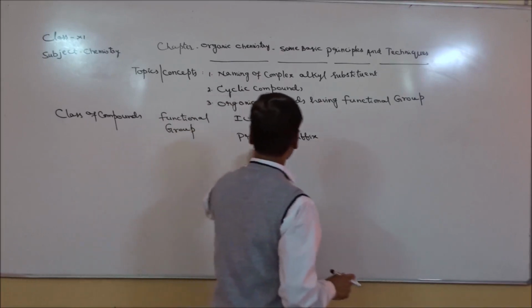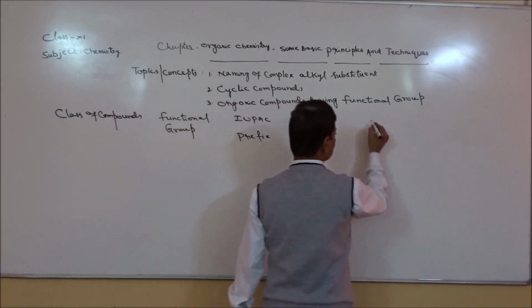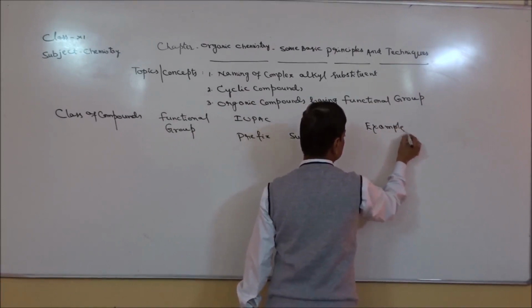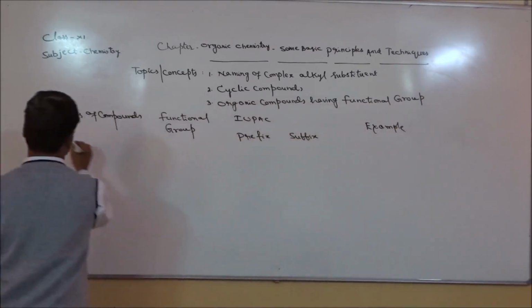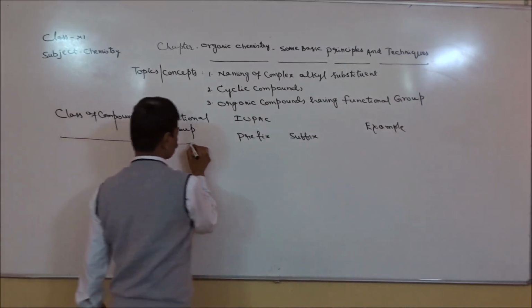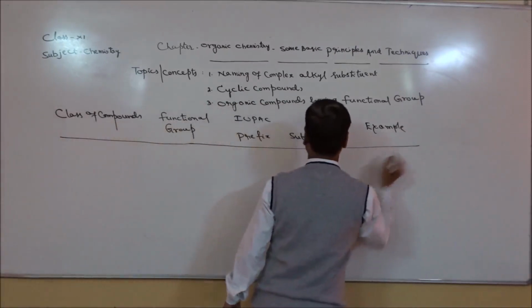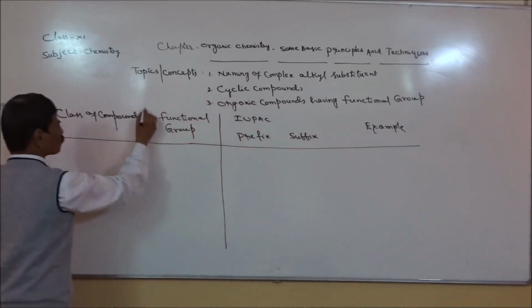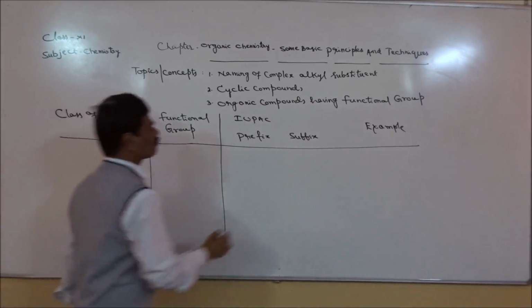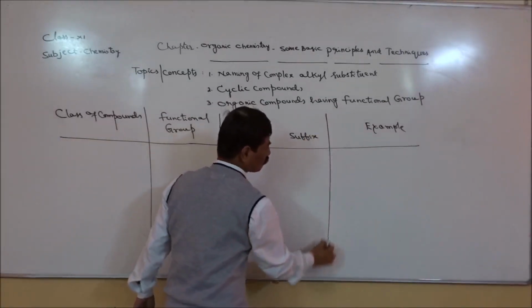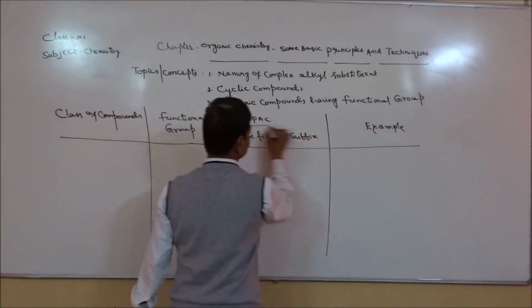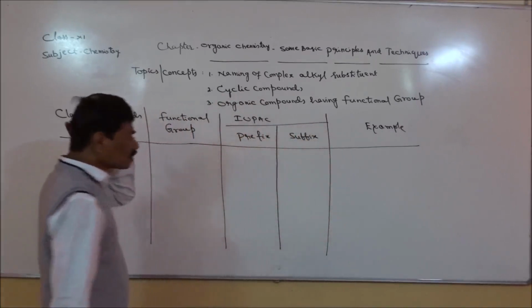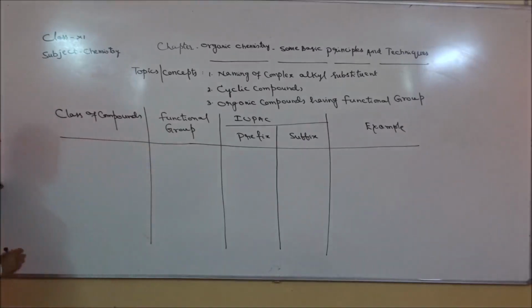Like 1, 2, 3, 4. And the last column is example. Now let us see the class of compounds.